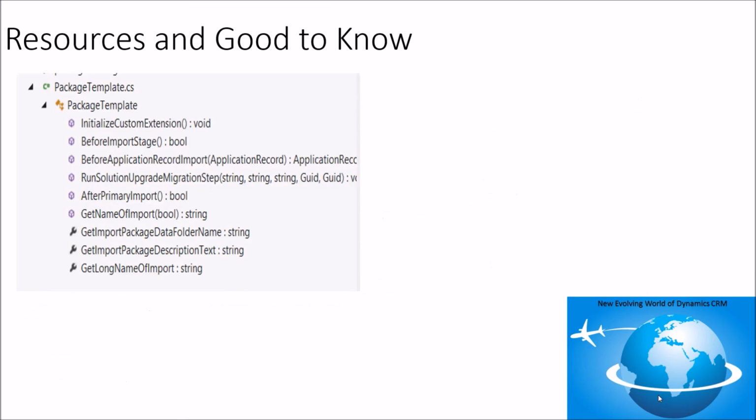Now, remember we talked about this package template CS file where we can write our custom code to do various kinds of code level deployment or code level automations. If you have any experience working with installer packages or installer tools, it is like a custom action in installer packages, where you can write some action to do some kind of automation as a part of the package.